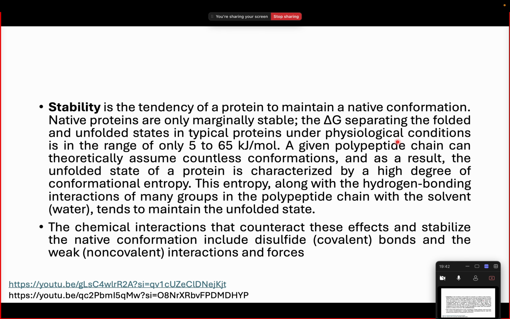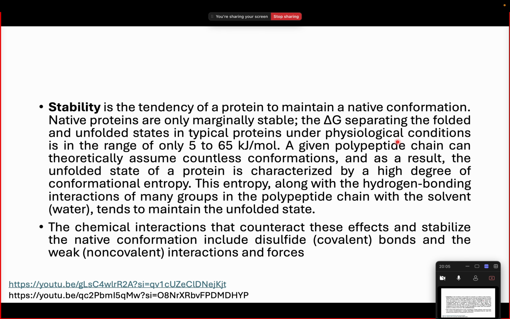A given polypeptide chain can theoretically assume countless conformations, and as a result, the unfolded state of a protein is characterized by a high degree of conformational entropy. This entropy, along with the hydrogen bonding interactions of many groups in the polypeptide chain with the solvent, that is water, tends to maintain the unfolded state.